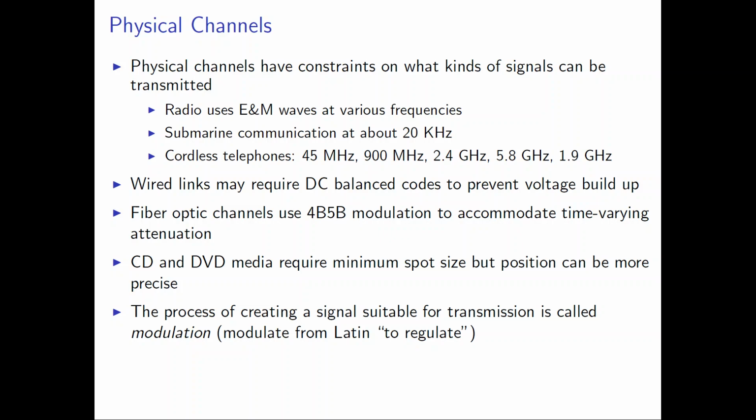For CD and DVD media, we require minimum spot size, but position can be more precise. So, as you can see, based on the application and based on the media, you decide which modulation you will use. For example, in the test or midterm or whatever exam, we can tell you, you have the following applications: Internet of Things for home, Internet of Things for agriculture, for tracking, for augmented reality, for virtual reality.